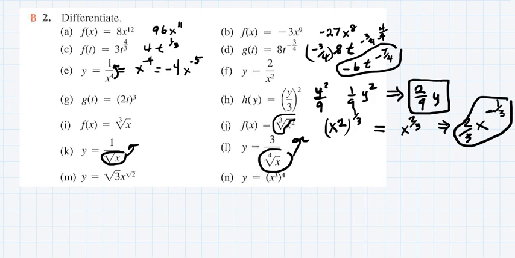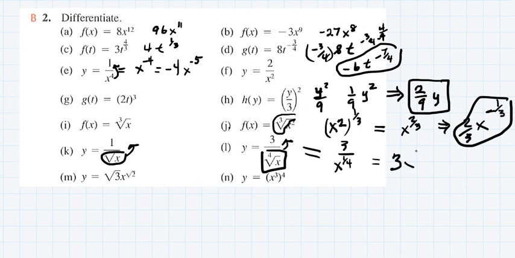Okay, L. I'll do L. Last one. So this one right here, I want to get this out of the denominator up to the numerator. So that is 3 over x to the 1/4. How do I get this out of the denominator and bring it up to the numerator?